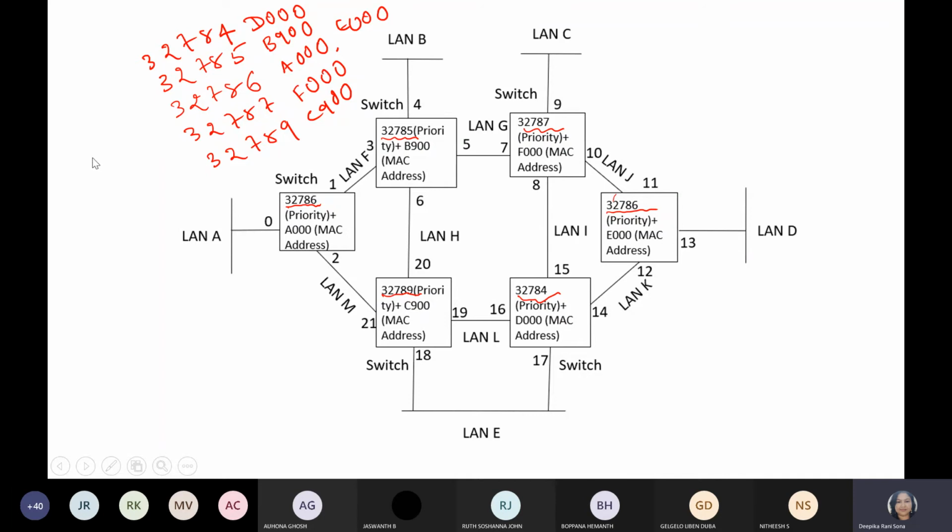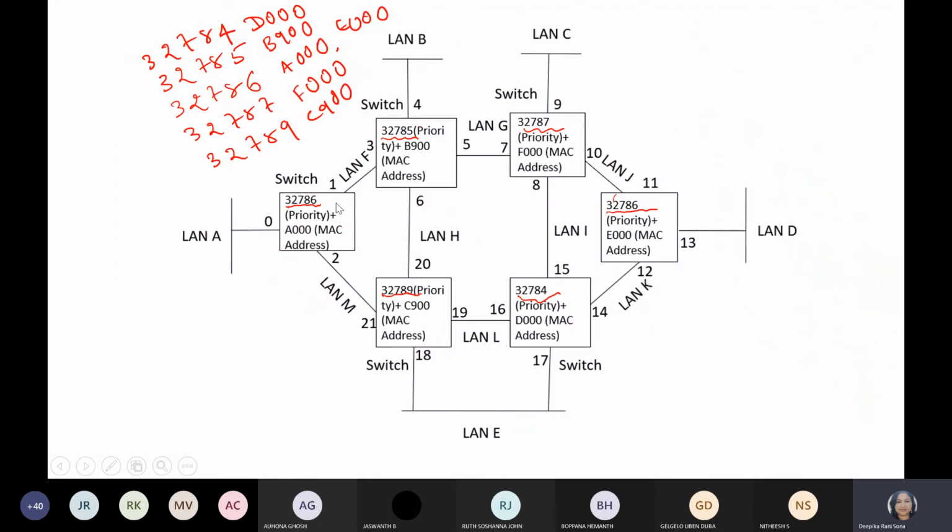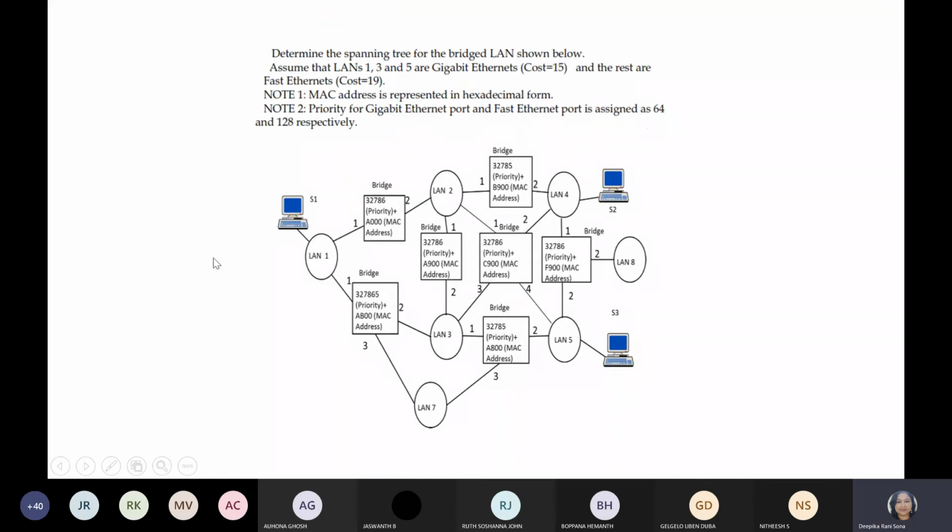So which one should be your bridge ID according to the definition of spanning tree? In the previous case, all the priorities are similar, so you can say that A000 is the bridge ID. But here it is different. How to identify that? Okay, solve it in DA and send. I will not tell. Anyway, next question, next hint.